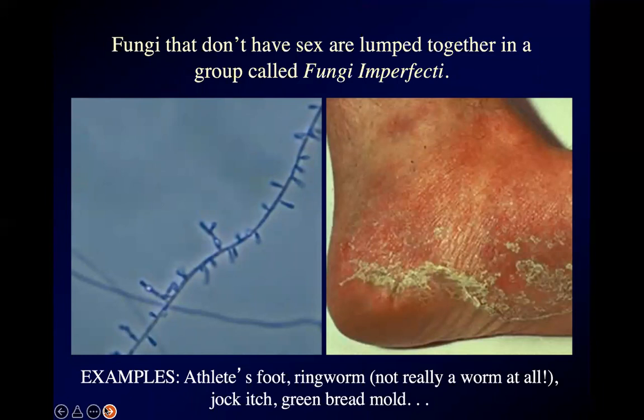Incidentally, fungi that don't engage in sexual reproduction, at least as far as we know, get lumped together in a group called imperfect fungi, or just fungi imperfecti. And the only reason I bring this up is that the fungi imperfecti include species that cause human disease.